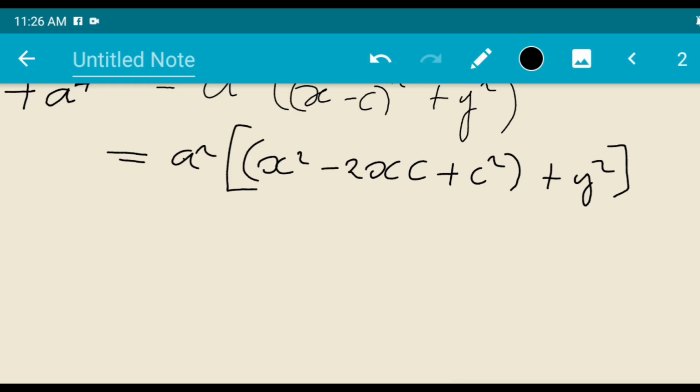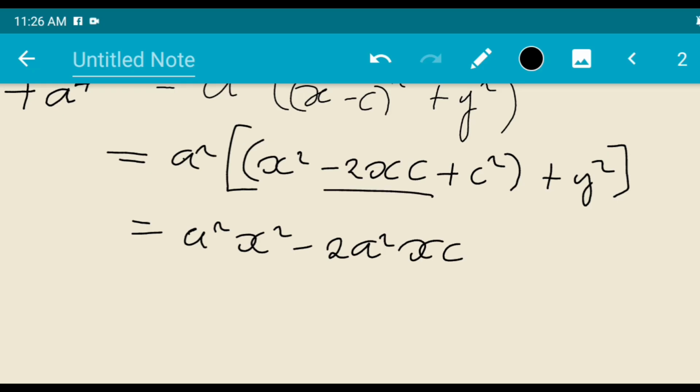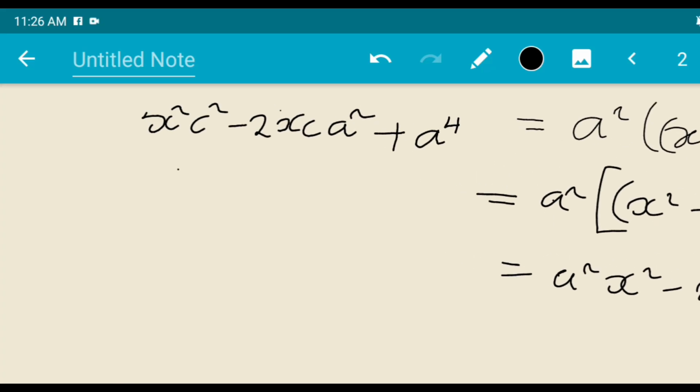When we multiply everything inside by a squared, this here will be a squared x squared minus 2a squared xc, plus a squared c squared plus y squared. Now let's just equate it to everything at the top. So on the left, this would be x squared c squared minus 2xc a squared plus a raised to the fourth.